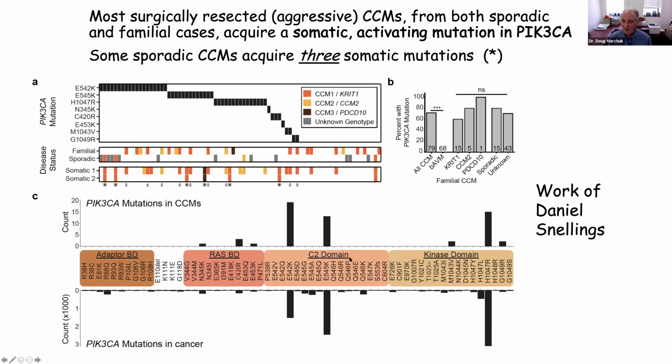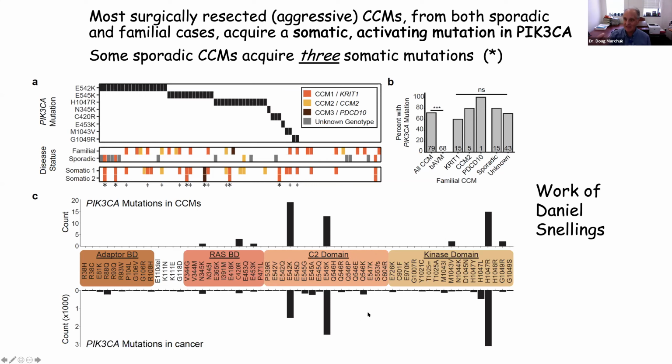If you look, the same common mutations that are found in cancer, we were finding in obviously a much smaller data set. This is the compilation of thousands of labs. This is our lab, but you can see that it's the same mutations.